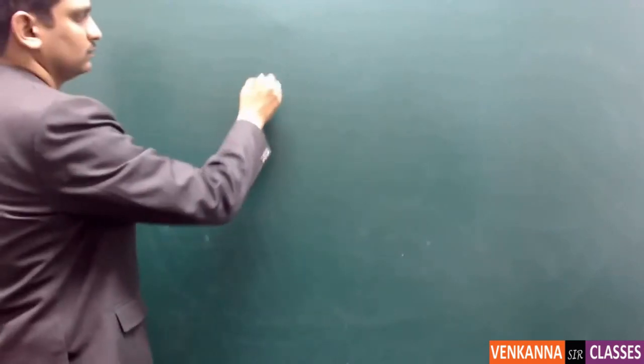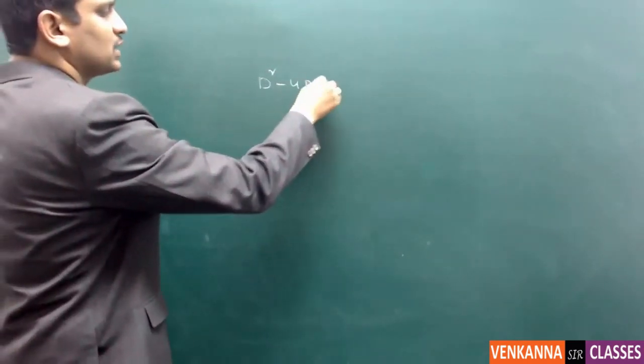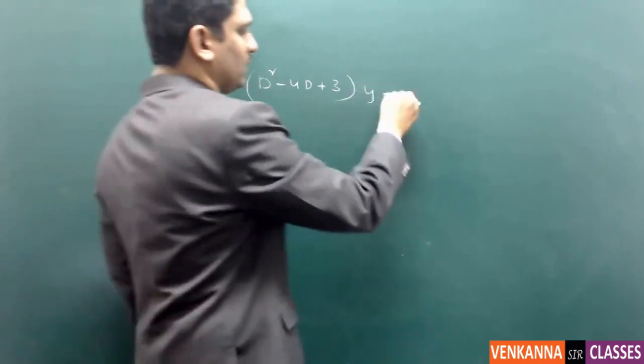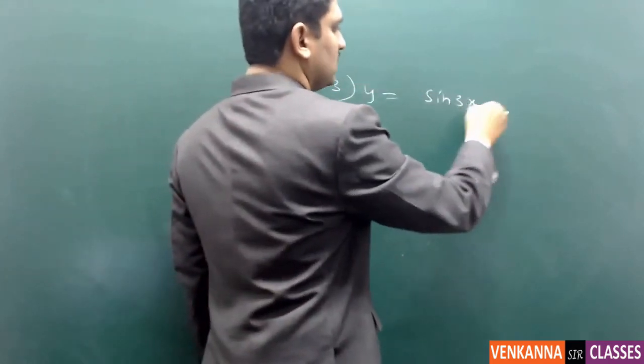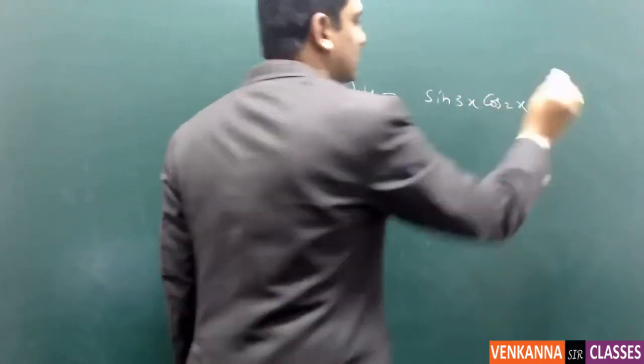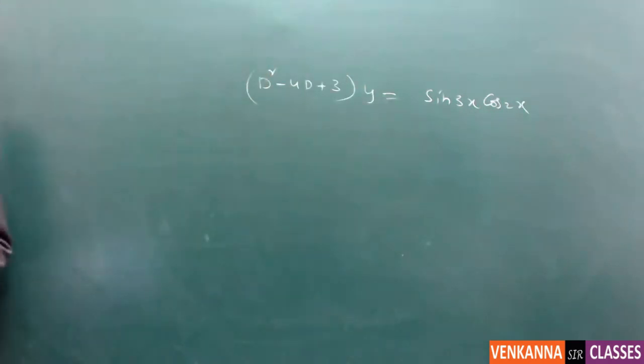So take the model that d square minus 4d plus 3 of y is equal to sin 3x into cos 2x. So I will describe the procedure and you are going to simplify the solution at the end.